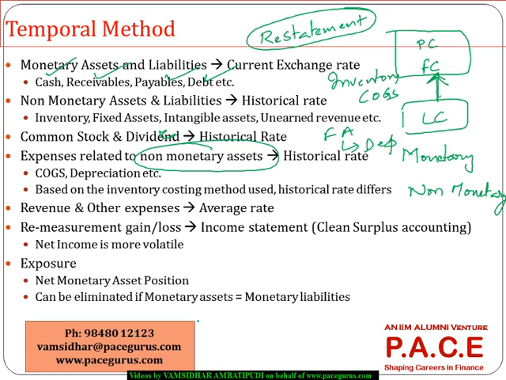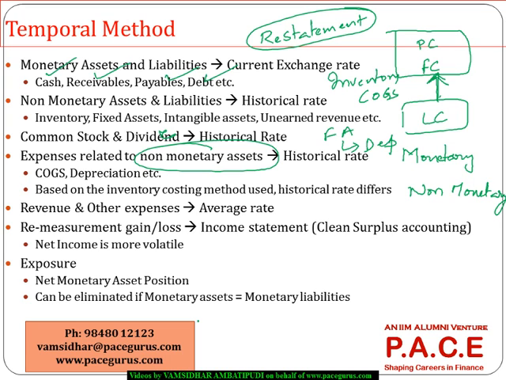Right? If the domestic local currency has appreciated with respect to the presentation currency, or probably the presentation currency has depreciated with respect to the subsidiary's currency, we see that the gain is going to be higher.